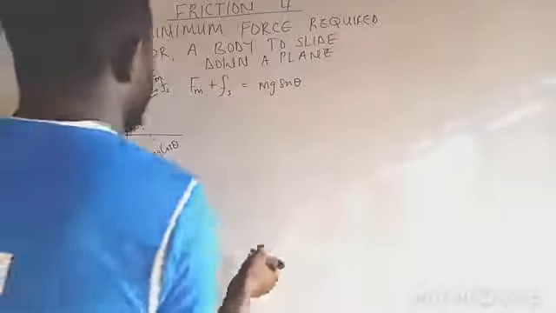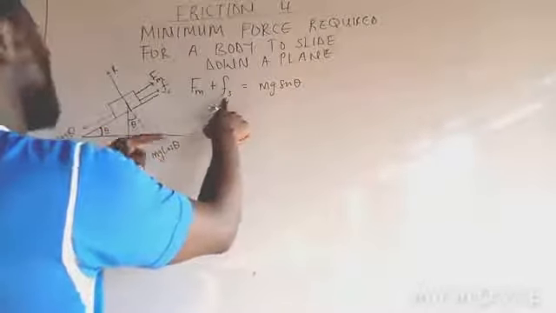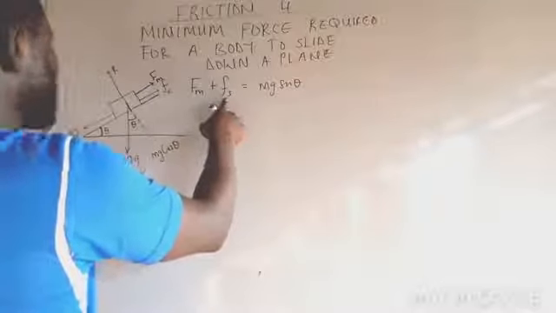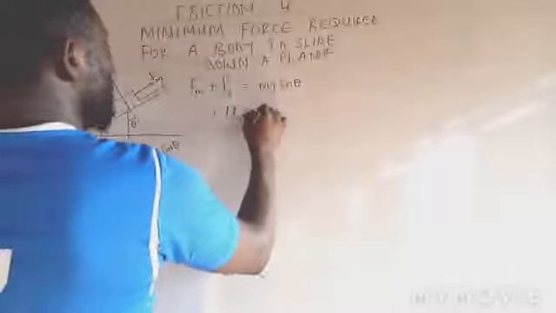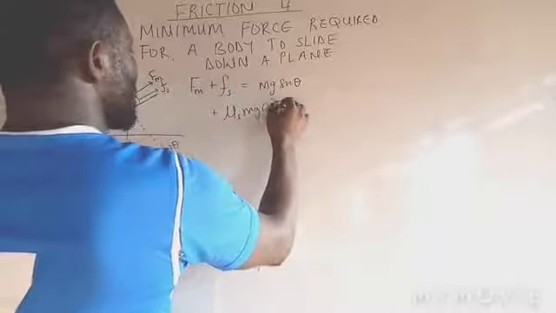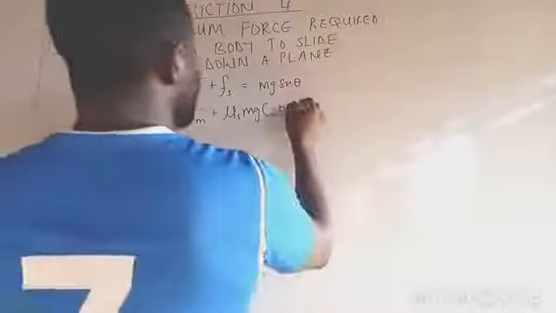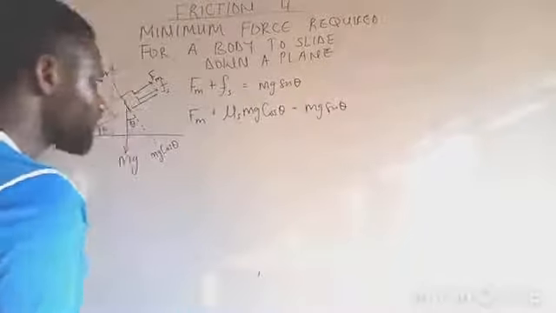And what is Fs? I don't need to be wasting my time on this one again, because Fs has been given already in my previous video. So Fs must be mu s mg cos theta, and I have Fm here is equal to mg sine theta.